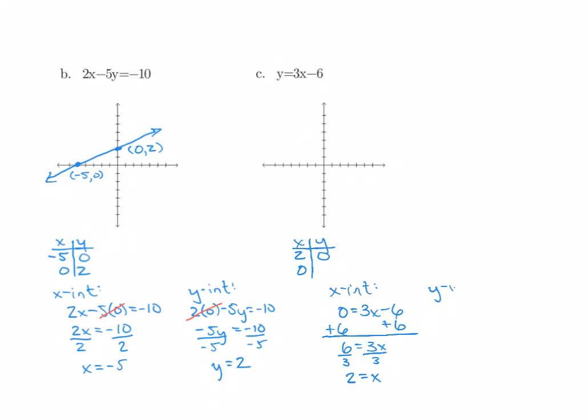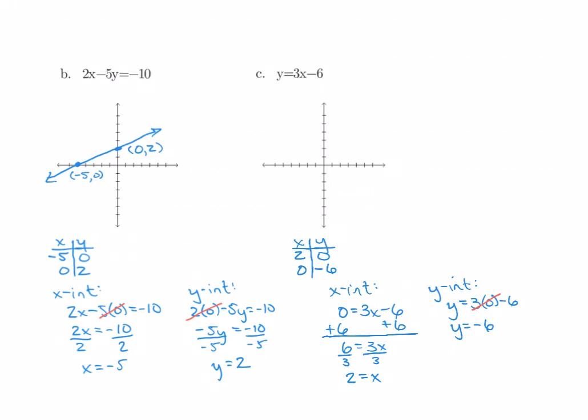For my y-intercept, if you want, you can do the math. But as this is already in slope-intercept form, that second number is your y-intercept. So we get (0, -6) for our y-intercept.